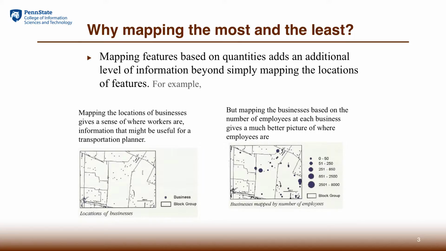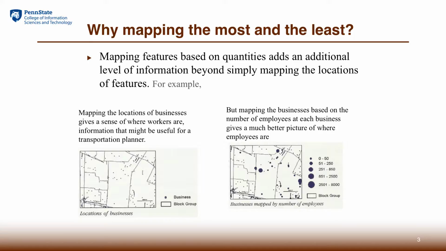Mapping quantities usually follows the steps where we have already mapped the features and categories. Mapping individual features allows us to see the relative location of features and events. However, if we want to compare among features, certain attributes carried in the attributes table can be used to differentiate, especially if we want to select certain features that meet our criteria.